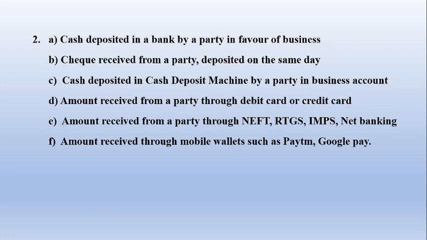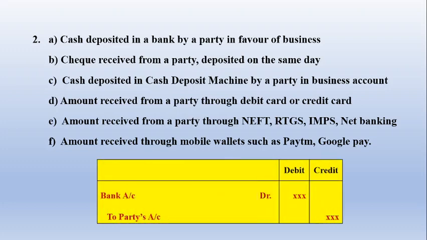For cash deposited in a bank by a party in favor of business, cheque received from a party deposited on the same day, cash deposited in CDM by a party in favor of business, amount received from a party through debit card or credit card, amount received from a party through NEFT, RTGS, IMPS, Netbanking, amount received through mobile wallets such as PAYTM, Google Pay, the journal entry is bank account debit to party's account.